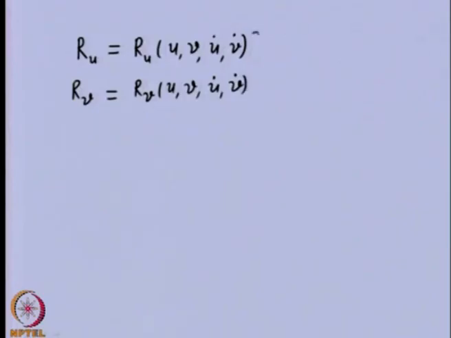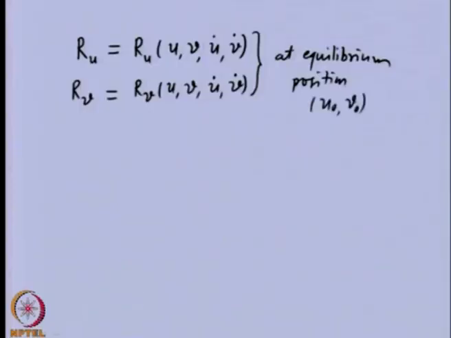So, these are the reaction forces coming from the fluid film onto the journal. Now, this is at the equilibrium position, let us say at u naught and v naught.